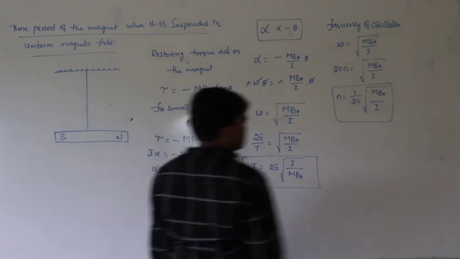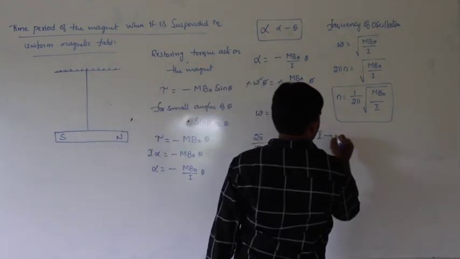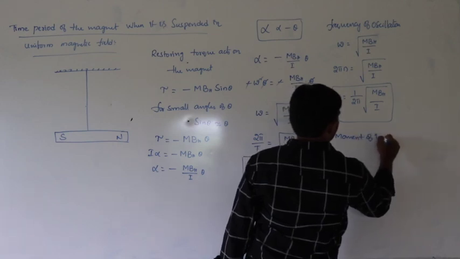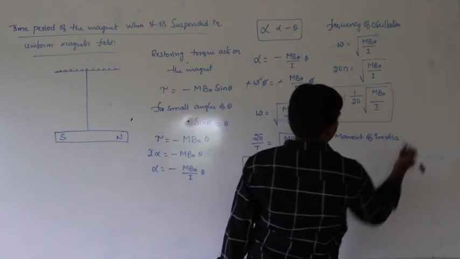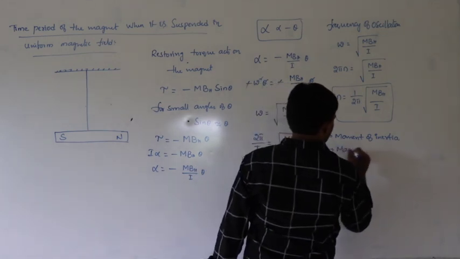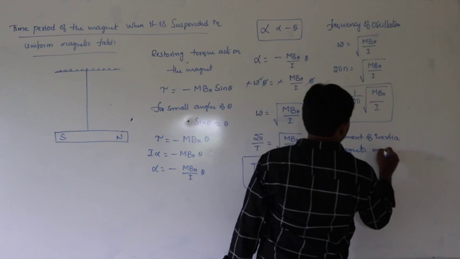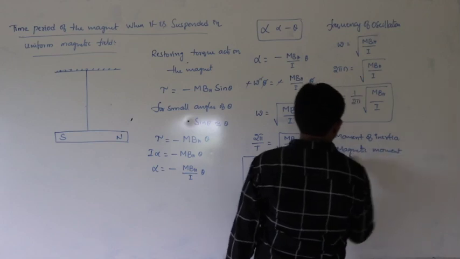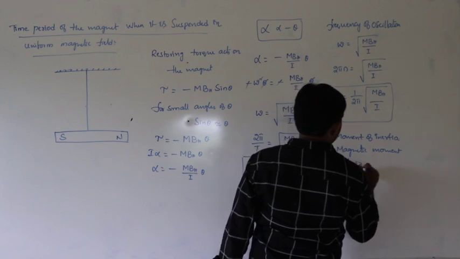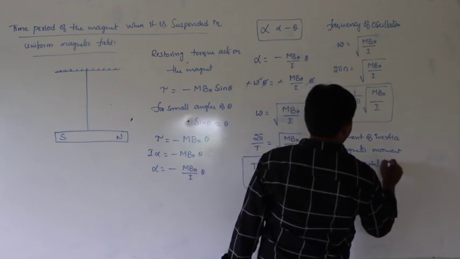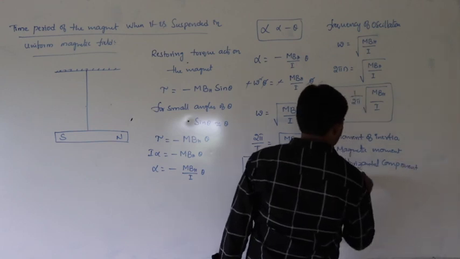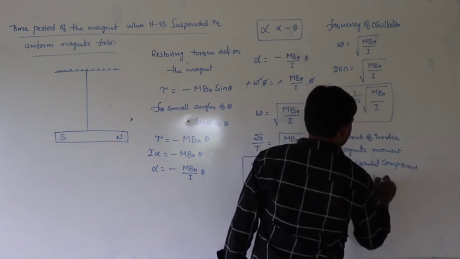Where I is the moment of inertia, m is the magnetic moment, and BH is the horizontal component of Earth's magnetic field.